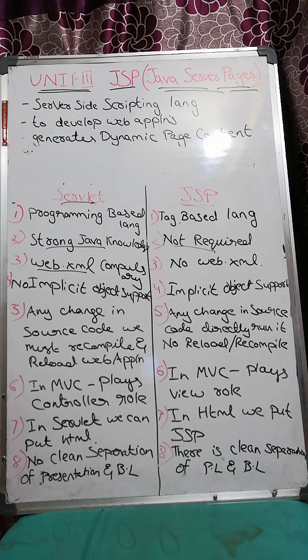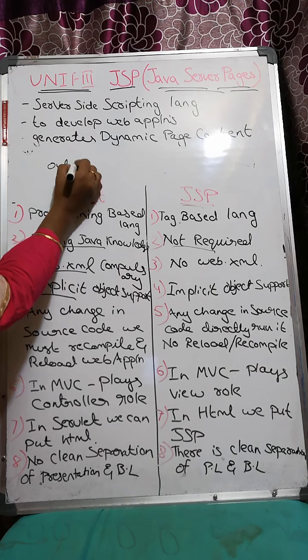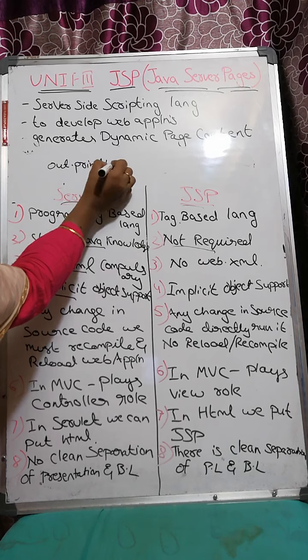Next, the fourth difference is that in servlets, we don't have any implicit object support. Each and every object we have to create. For example, I want to display some message onto the console window. Usually in Java programs we use System.out.println. When we come to the servlet concept, I have to take the help of the out.println method.